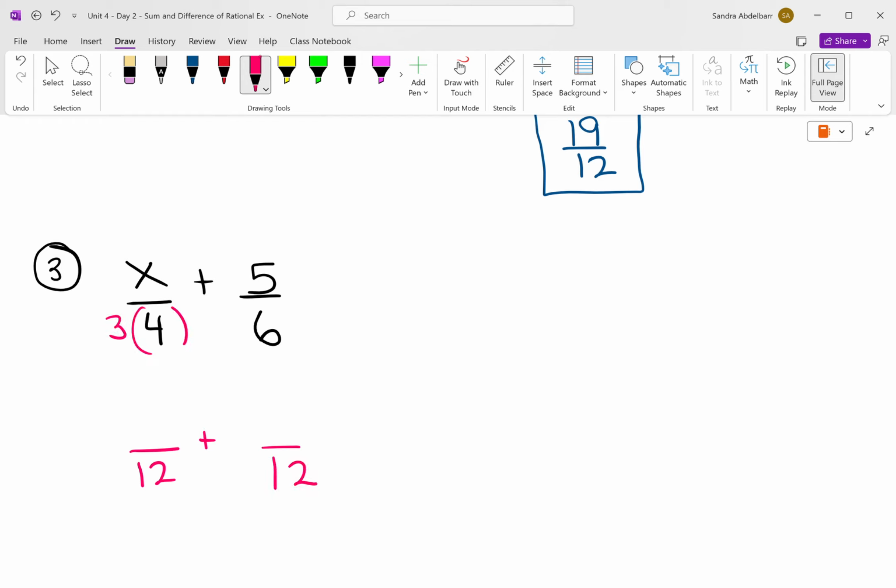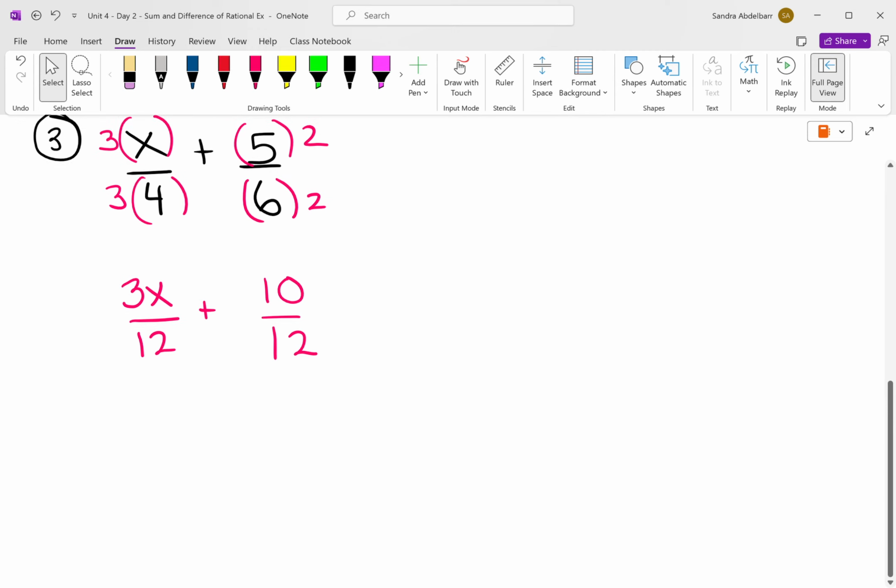So we multiply this by 3, and we multiply this by 2. So now we're going to get 3x over 12 plus 10 over 12. Now we just go across and we add: 3x plus 10 all over 12.